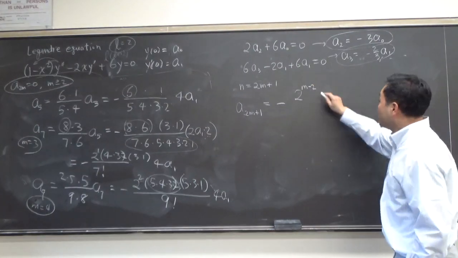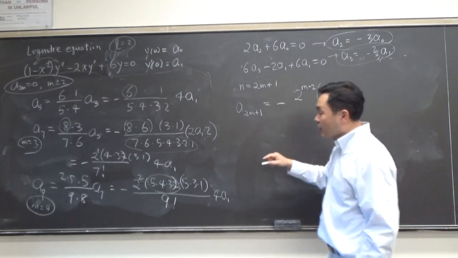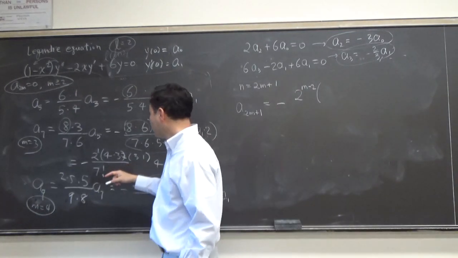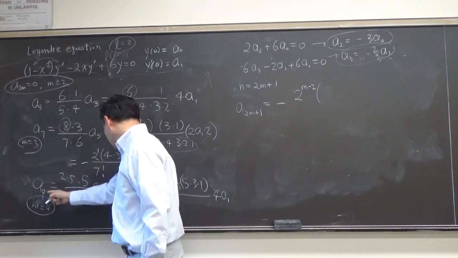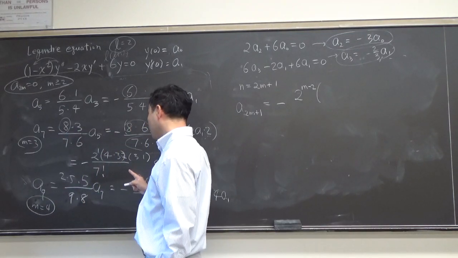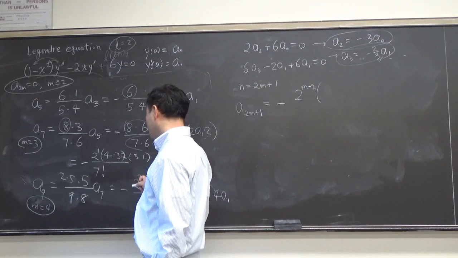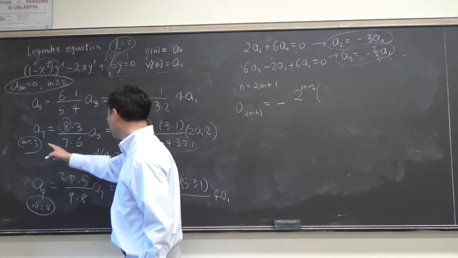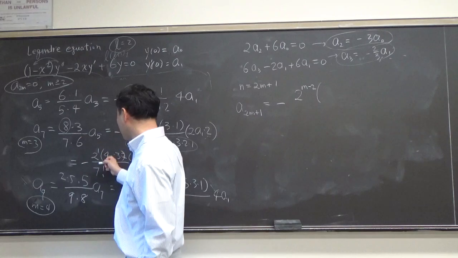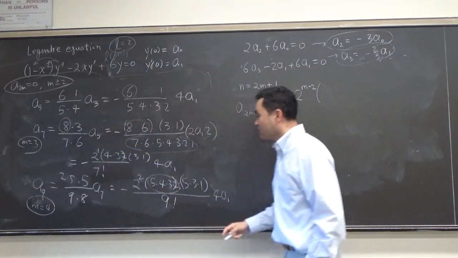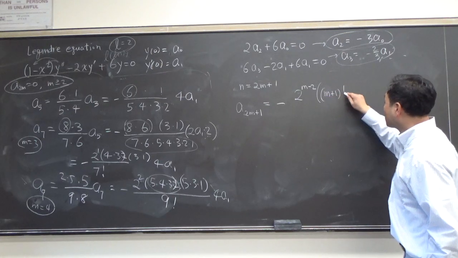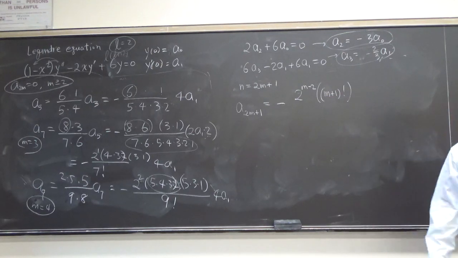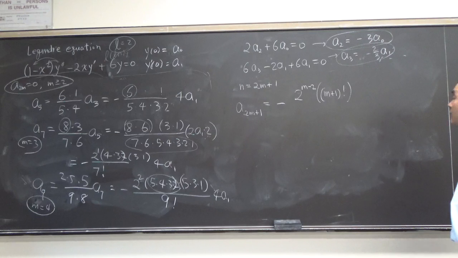Okay? And then you have 3 plus 1 is 4, 4 plus 1 is 5, okay? So you see that this is m plus 1 factorial. Is that okay? Yeah.